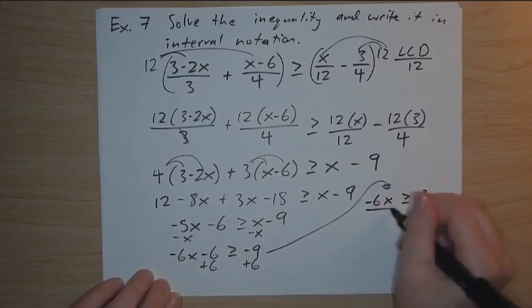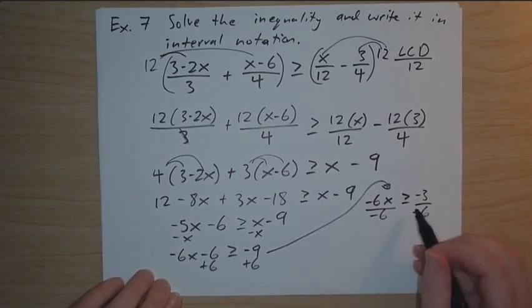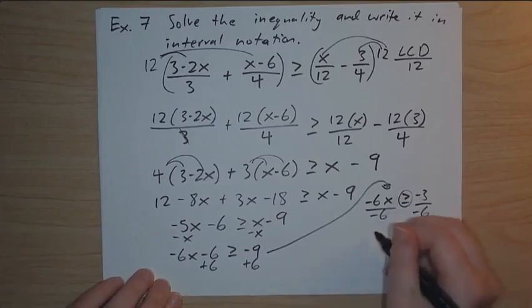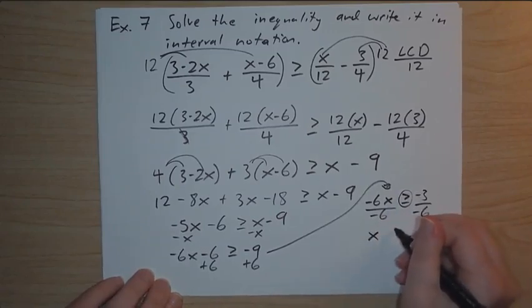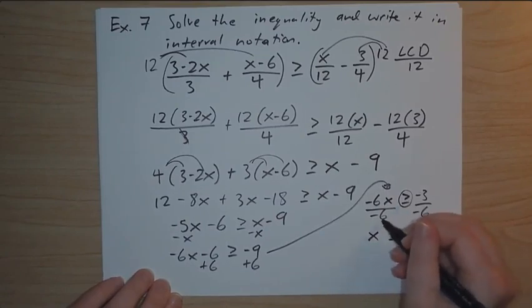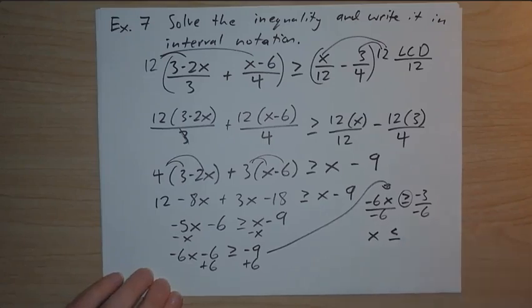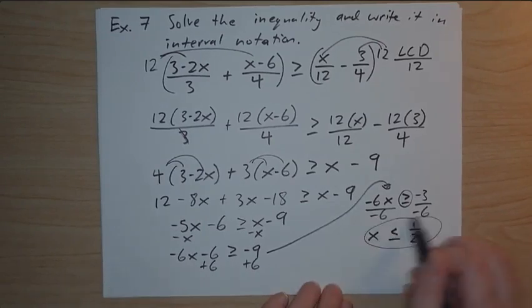We divide both sides by negative 6. When we divide or multiply by a negative on both sides, we have to switch the sign to the opposite. So x is less than or equal to, since we switched the sign, negative 3 divided by negative 6, which gives us a positive 1/2. So x is less than or equal to 1/2.